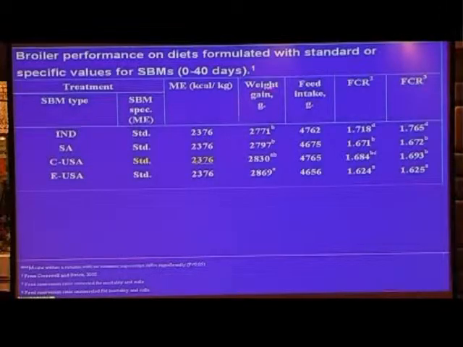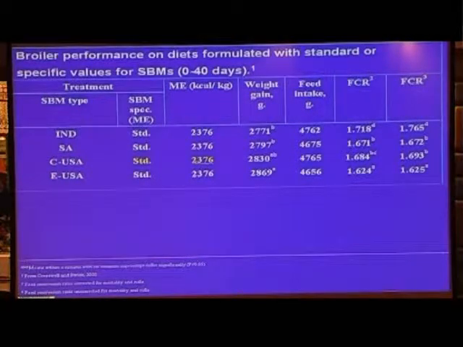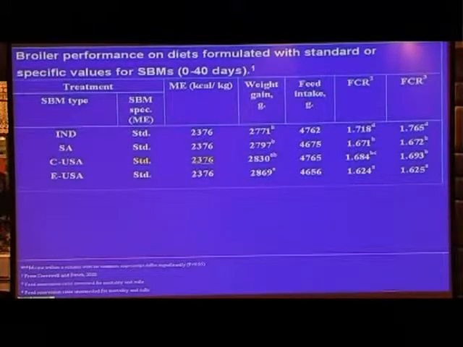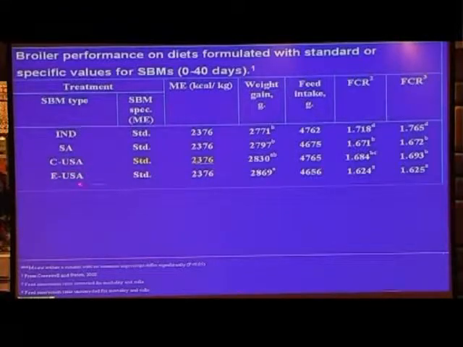And then you can see that, in essence, the differences in weight gain and feed conversion are the verdict that the broilers give about the quality of the soybean meal. Now, I can tell you one thing, broilers don't lie. As you can see here, in this particular trial, the highest weight gain was obtained with the high-quality American soybean meal.